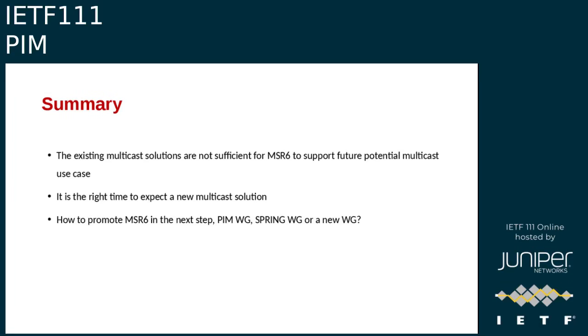And also, as discussed with Greg, because this work relates to Spring, BIER, and IPv6, it has multiple involved parties. So here we are thinking about this being done in the PIM working group, the Spring working group, or a new working group. So this depends on the coordination of the different working groups.